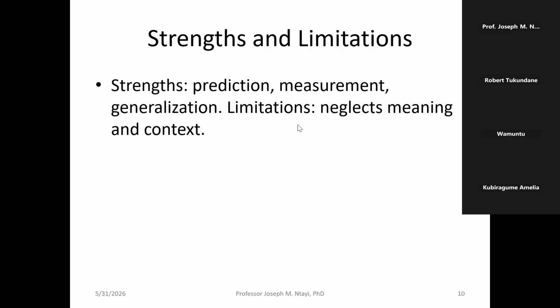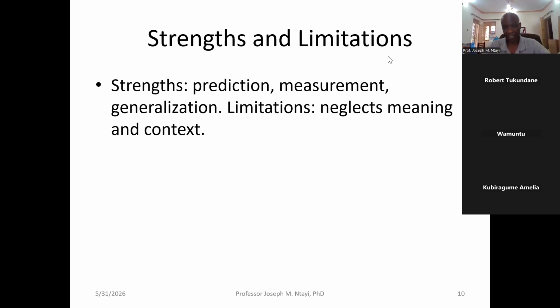But we can really talk about the strengths and the limitations of the positivistic paradigm in helping us to come up with a problem that can be researched. I'm sure you can see the strength there on the slide. At some stage, we are likely to have measurable evidence.